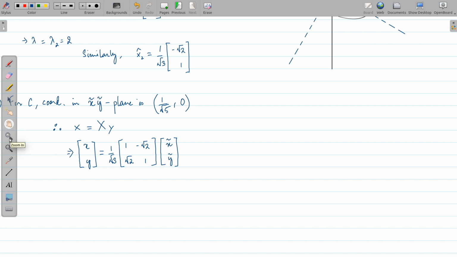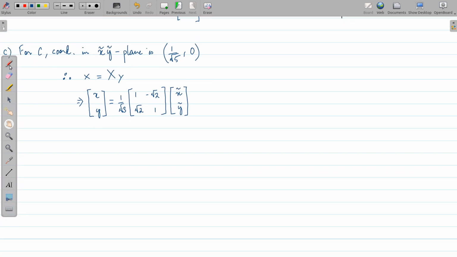Now the rest of it is very straightforward. All I need to do is substitute. This gives us 1 by root 3 times the matrix with entries 1, minus root 2, root 2, 1, and here we'll use the coordinates 1 by root 5, 0. Once we do that, we get 1 by root 3, and here we get 1 by root 5 and root 2 by root 5, or simply root over 2 by 5.